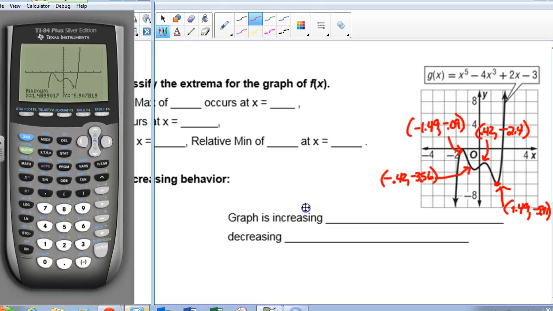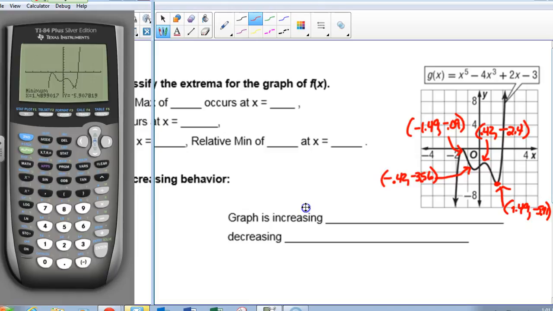Anybody disagreeing with any of those values? So we had 2 maxes and 2 mins. Relative or absolute? What does that mean?